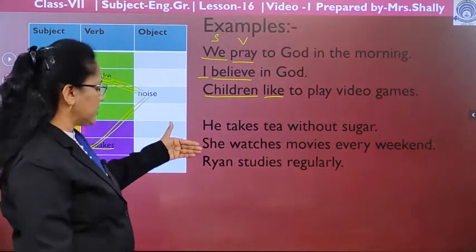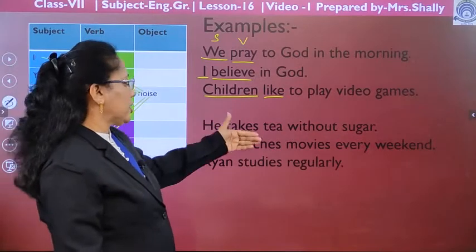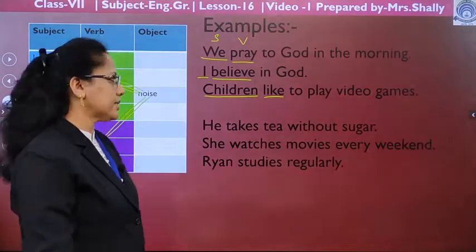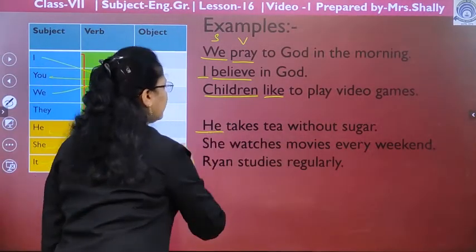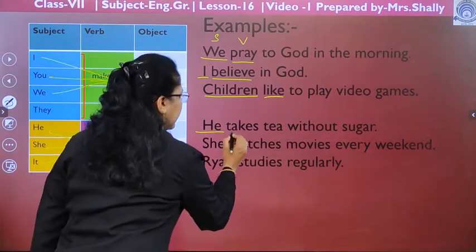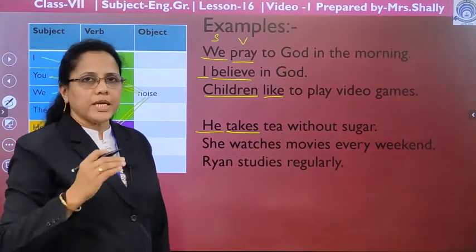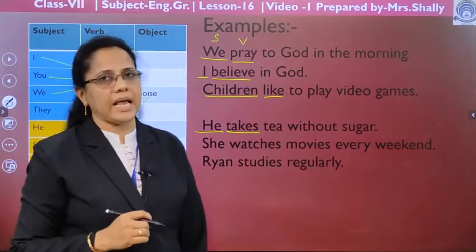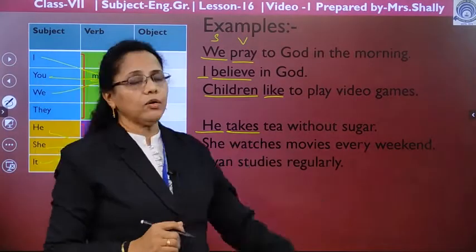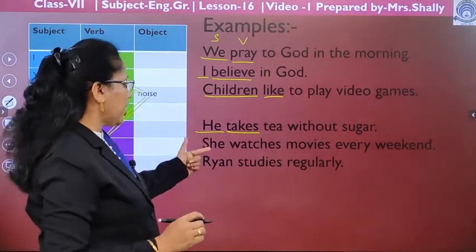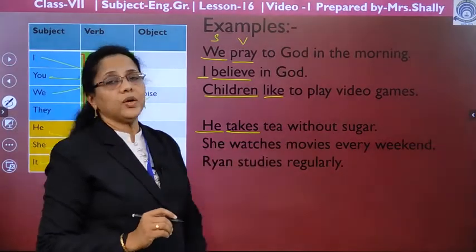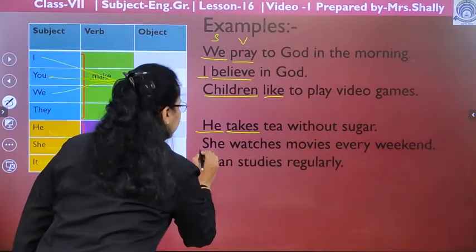Now, let's see these sentences. He takes tea without sugar. What is the subject? He. Here the verb is takes. To the base form of the verb, s is added. She watches movies every weekend. She is the subject.